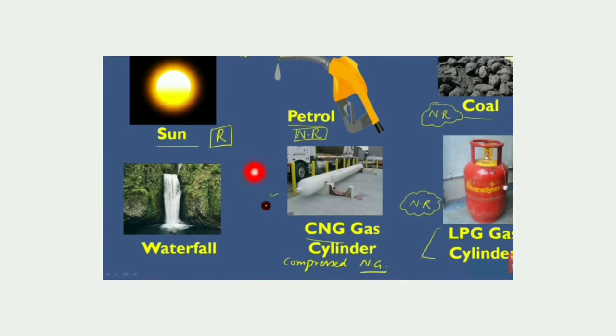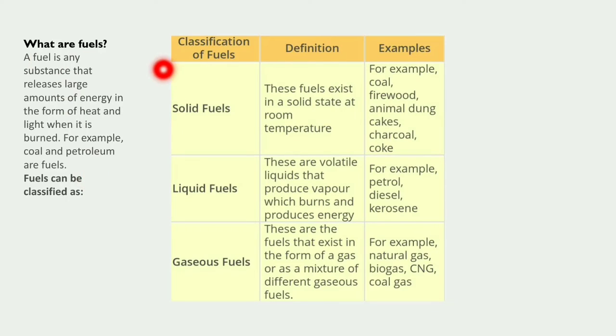Sunlight, waterfall are also renewable resources; petrol, coal, LPG, these are non-renewable resources. CNG is actually compressed natural gas, so it can be a renewable resource. Next is fuels.